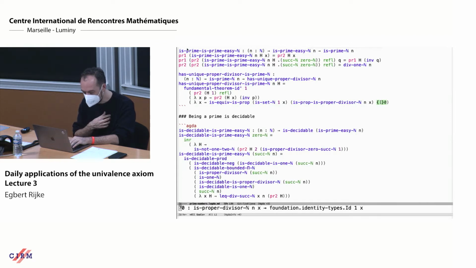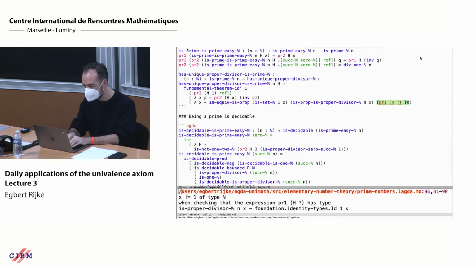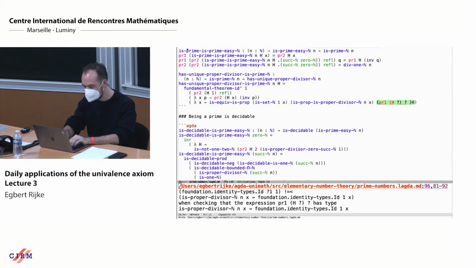And now we have to construct a map in the converse direction, and we didn't use PR1h yet, so we're going to try that one. PR1h of something. This is a map. Oops. Let's get rid of this one. I wish it was, okay, lambda p2 something.